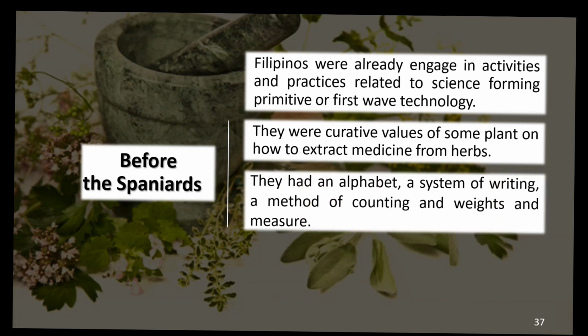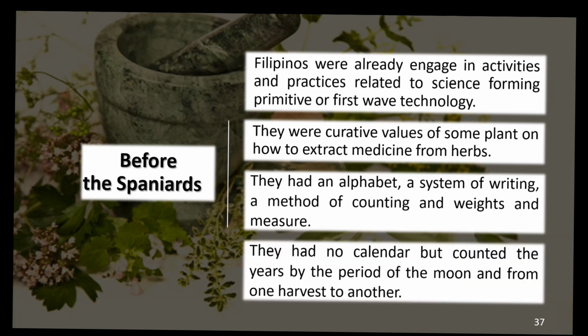They already had their system of writing, their own alphabet. They already knew how to count, with knowledge of weights and measures. And before the Spaniards, they did not have a calendar, but they counted the years by the period of the moon and from one harvest to another.